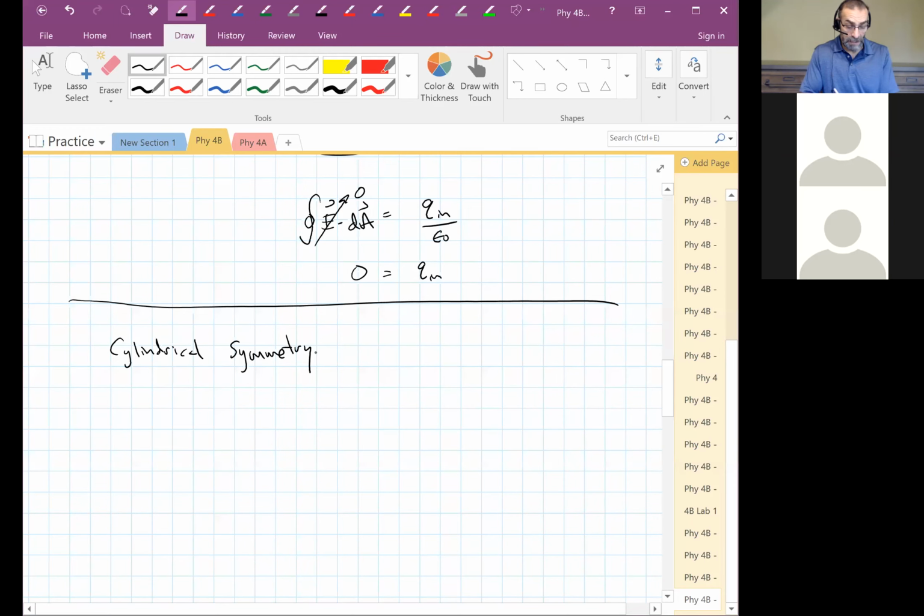Okay, so let's do one that we know the answer to, because we can do an infinite line charge and find the electric field away from an infinite line charge. So let's do an infinite line charge.